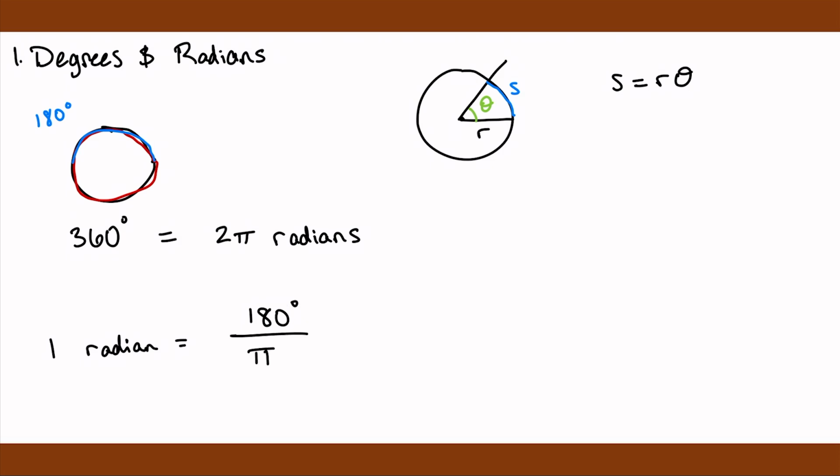So if we want to convert from radians to degrees, that's what we'll use. If we want to go from degrees to radians, then we will do the opposite, and 1 degree is pi over 180. So that's all we have to do.